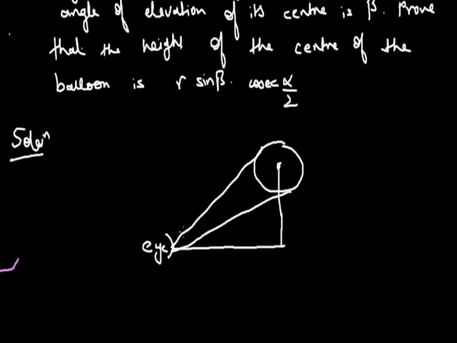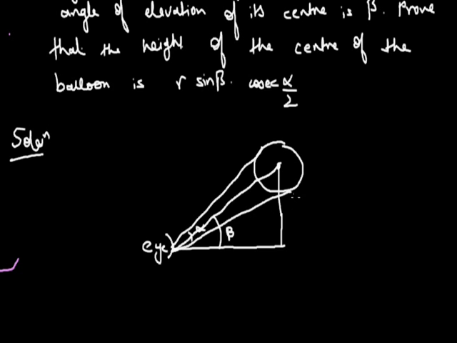So this angle that the balloon is making with the eye of the observer is alpha, and this angle of elevation that the center of the balloon is making with the eye of the observer is given as angle beta.